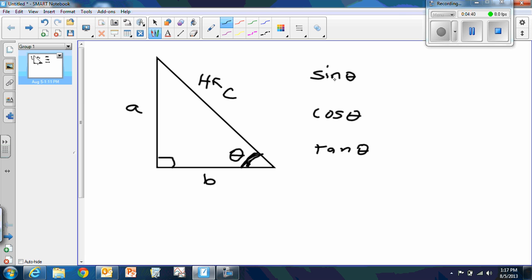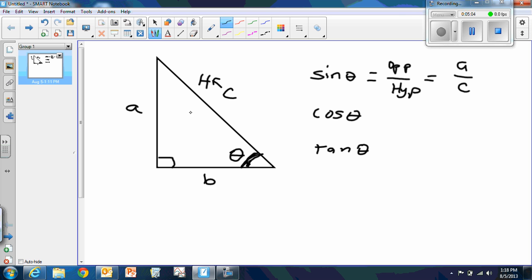This is pronounced sine, not sin. Sine, cosine, tan. And here's what they mean. Sine is always the opposite leg over the hypotenuse. In this case, that would be A divided by C.